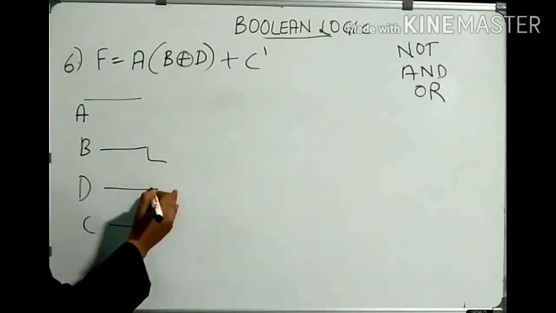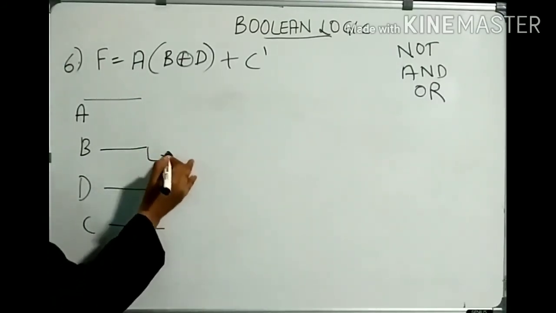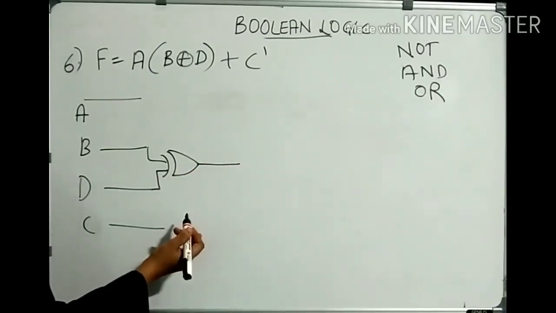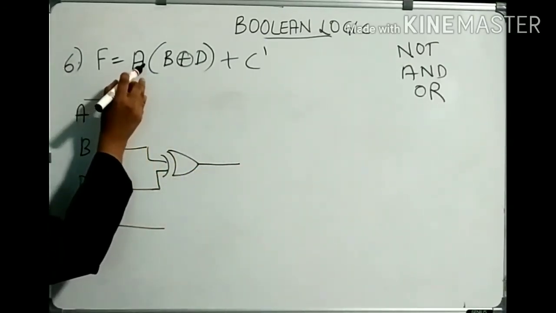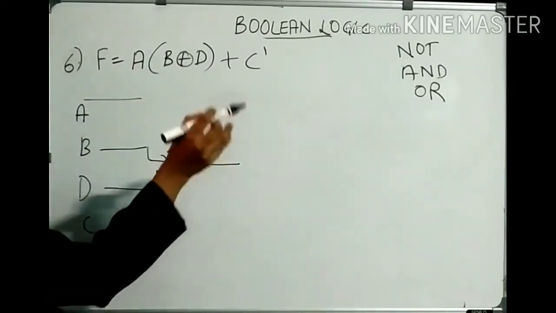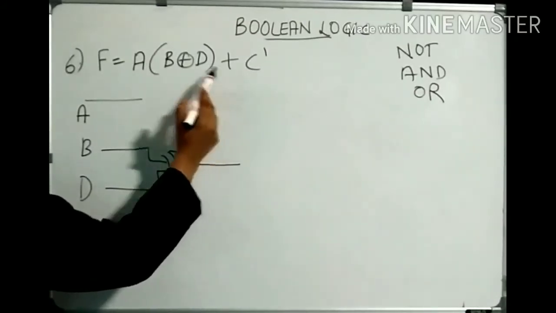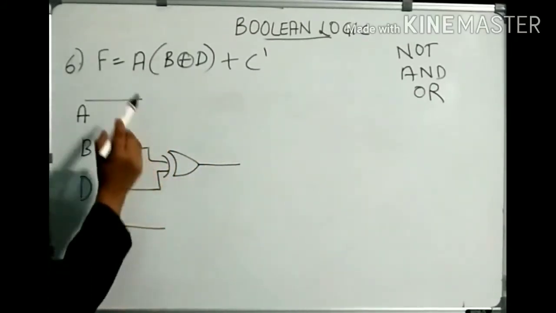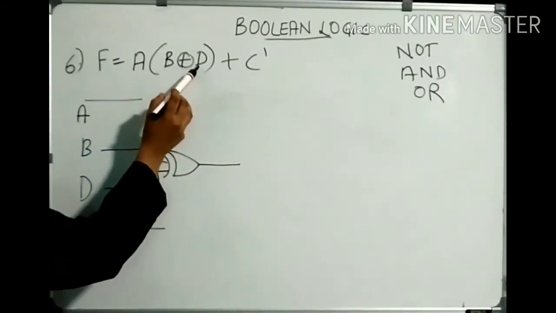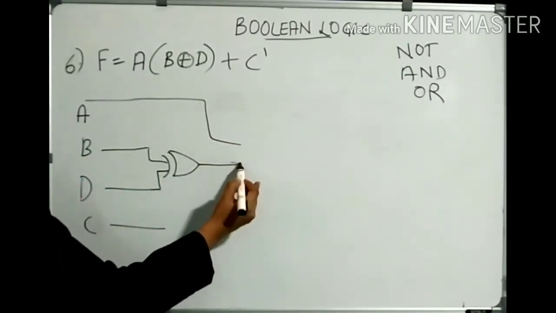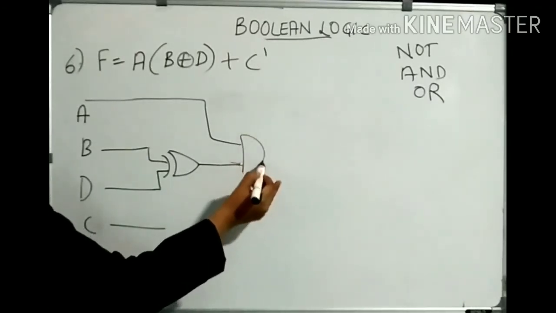Okay. Yes. So I am drawing an XOR gate for these two inputs. And we can see that there is an AND happening here. So we have to give preference to AND, and only after that we perform this OR. So what is being ANDed with B XOR D? A. So let us take A from here and provide an AND gate between them.